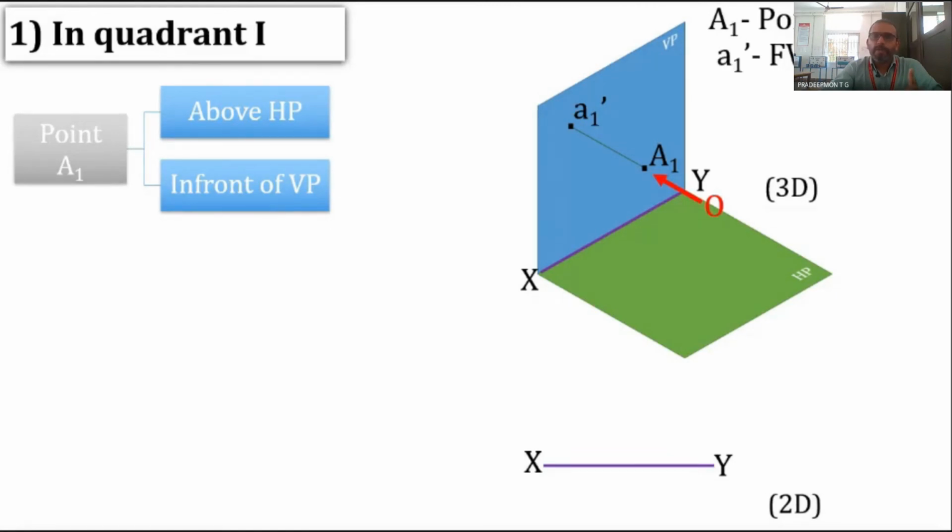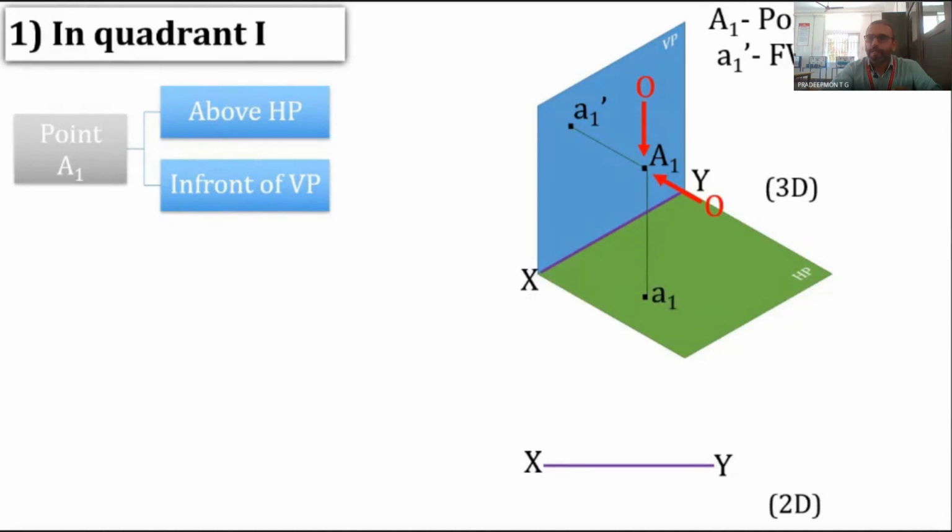Now the observer comes and looks from the top. Again, the red arrow indicates the direction of the projection. So A1 is projected downward to HP. Here it is the top view, and it is represented by small letter a1.